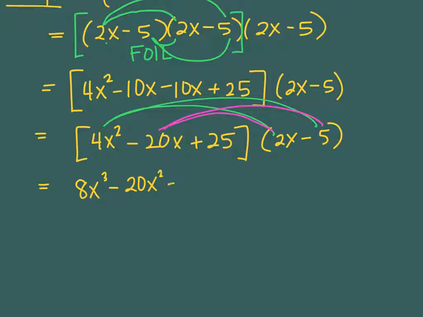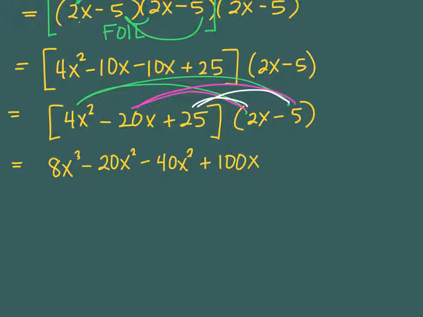So that will give me negative 40x squared, but positive 100x. 20 times 5. And then comes the last, where you take just the 25 and you do it to both of the terms. And so the superFOIL ends with 25 times 2, which is 50x, minus 25 times negative 5, which is negative 125.